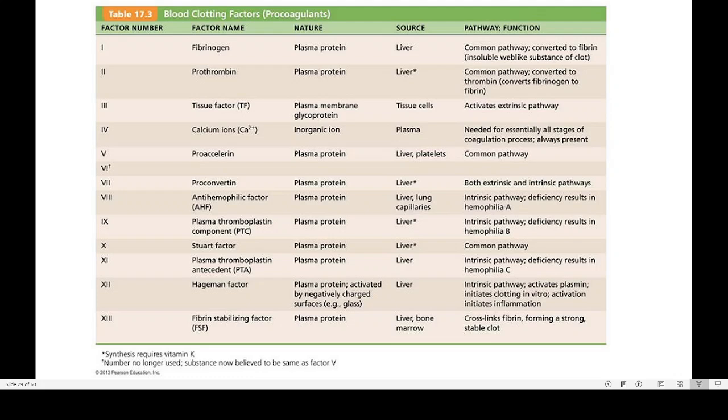So factor one is involved. And for converting this fibrinogen into fibrin, we need prothrombin. Prothrombin is an enzyme and will be changed into thrombin. Thrombin is the enzyme that converts fibrinogen into fibrin. So the second factor is also needed.